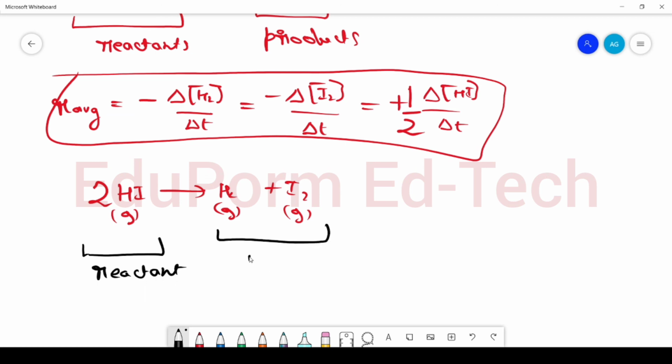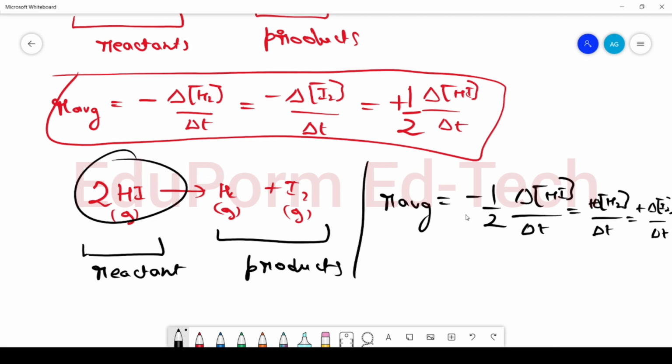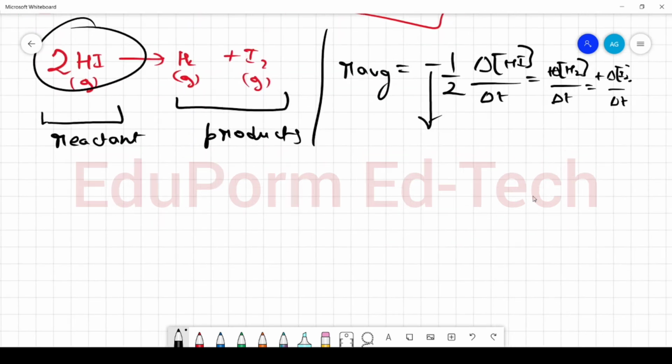These are on the right hand side, so these are products, and the average rate can be given as minus of 1 by 2 delta HI upon delta T is equal to plus of delta H2 upon delta T, which is equal to plus of delta I2 upon delta T. So whatever is reactant will be represented by a negative sign, as the negative sign represents decrease in concentration.